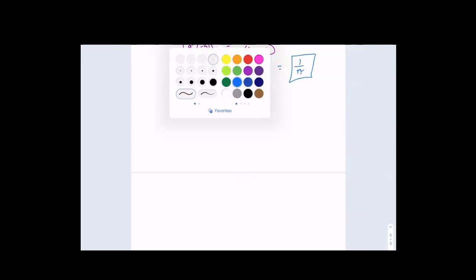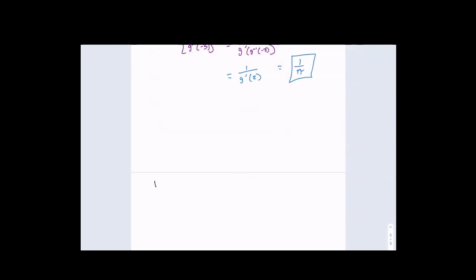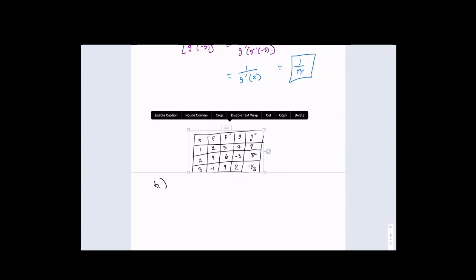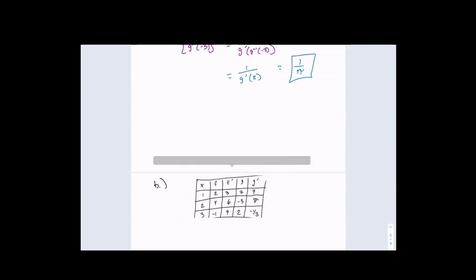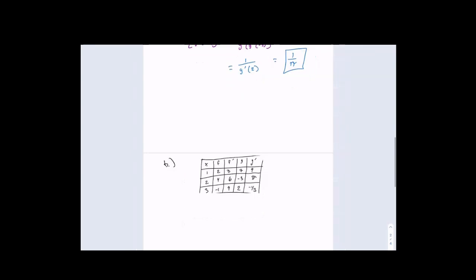Let's do another example. And let's make this example a little bit more intense. In this one right here, we're using the same table.